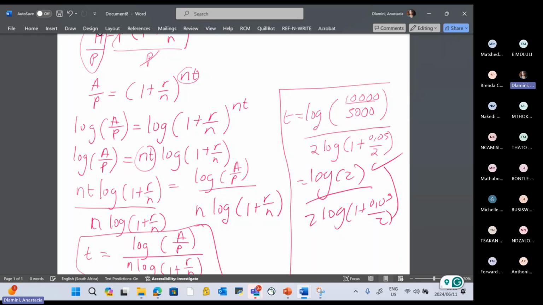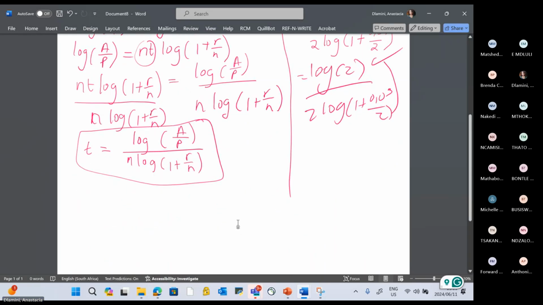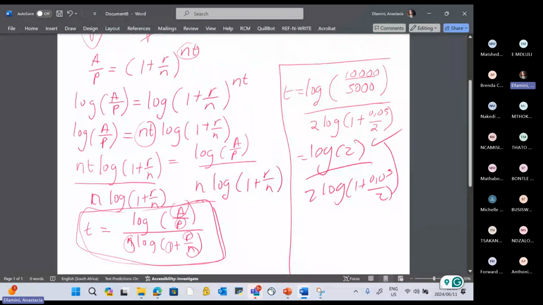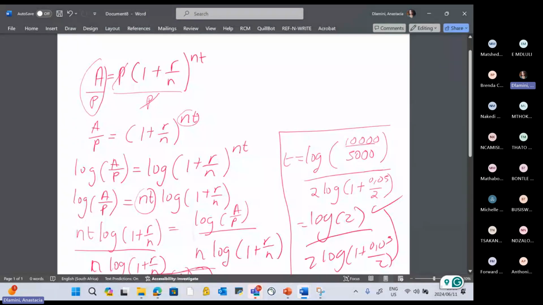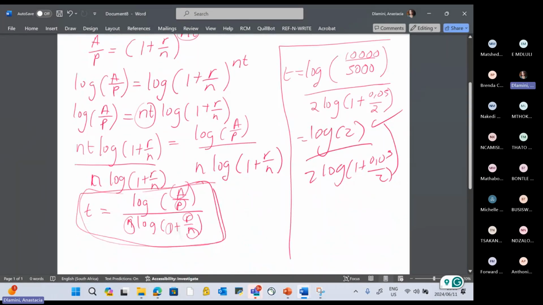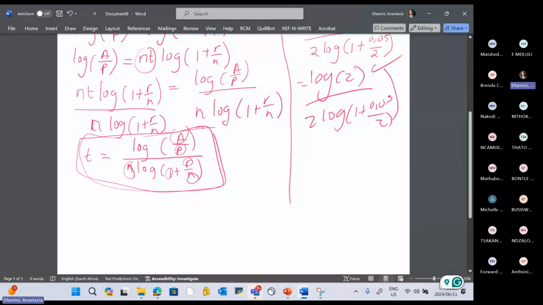That's what we got. But then the formula becomes this one over here. So you can just substitute your A, your P, your R and your N here. And I've derived this while you were talking. Please go and check. If you don't understand it, I can explain it next week. Make sure you know how to use this formula and derive it.